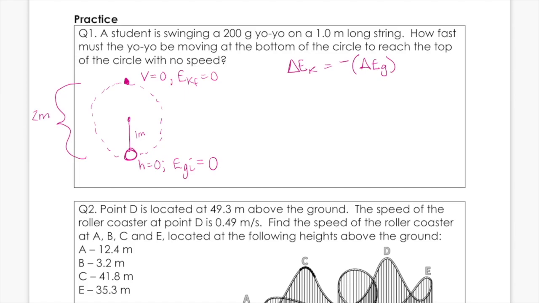So change in kinetic energy would just be EKF minus EKI equals minus EGF minus EGI.